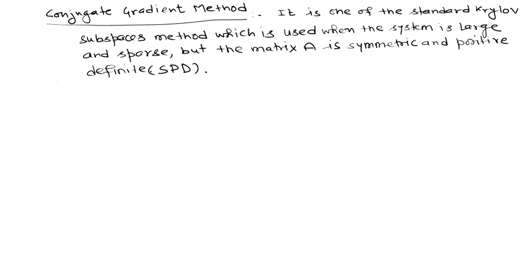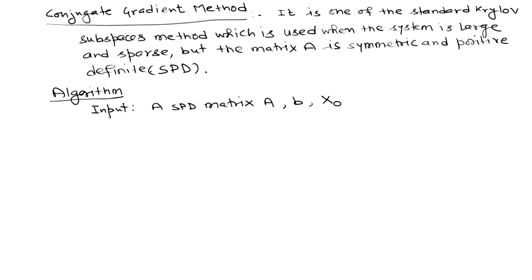So, let us go to the algorithm, how this method executes. Input is a symmetric and positive definite matrix A, which is the coefficient matrix of the linear system Ax equals b, right hand side vector b, and an initial guess x 0, because it is a non stationary iterative method.